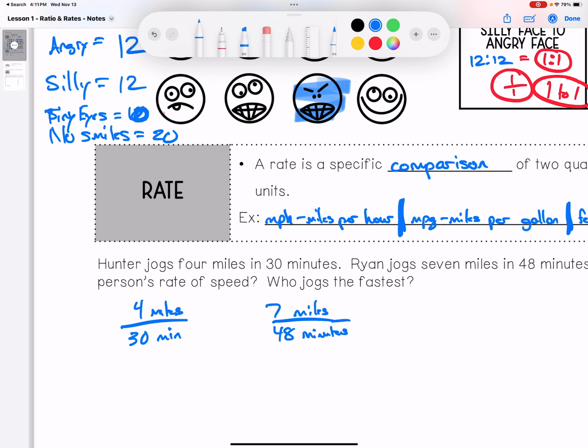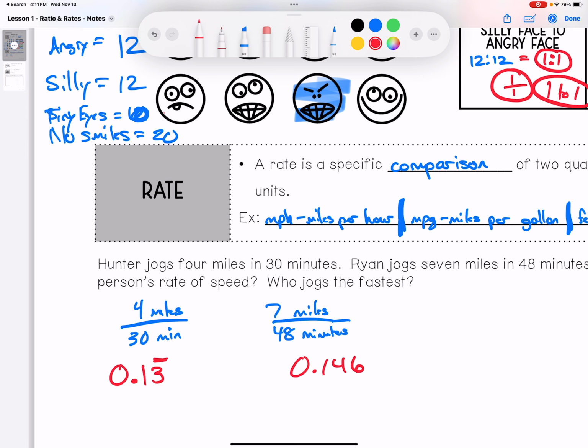So if you were to get your handy dandy calculator and you were to divide 4 by 30, you would get 0.13 repeating. If you were to divide 7 divided by 48, not 48 divided by 7, 7 goes first because it's on top. 7 divided by 48, you would get 0.146.